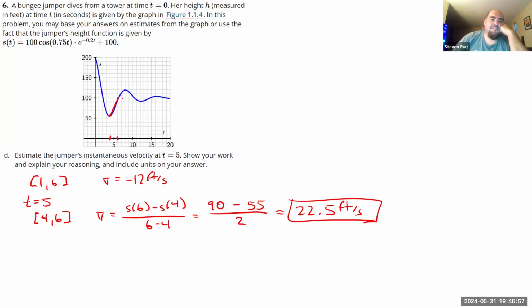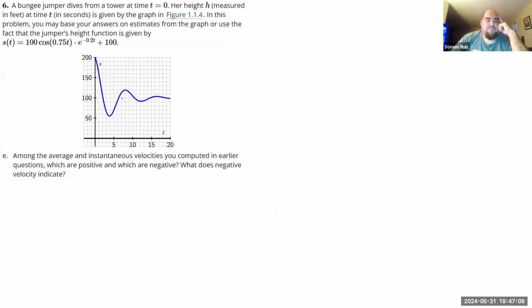So her height is increasing because she's bouncing back up. So that's the unique case that we saw where her average velocity was a positive value. So in general, negative velocities are going to refer to your position decreasing, and positive values of average velocity are going to correspond to your position increasing.